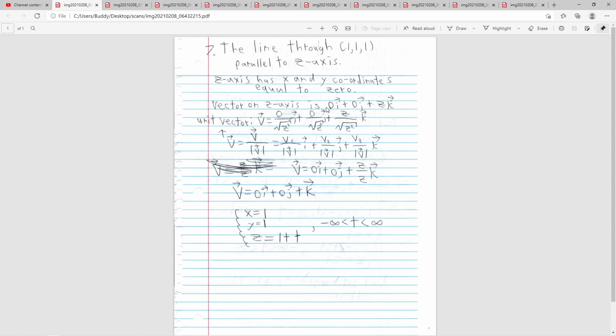And the unit vector would be v equals, basically, this is based on v divided by the magnitude of v. You could technically split that up into v1, v2, and v3 divided by the magnitude, the addition of these components. In theory, you could do that, and we do this just as an illustration.